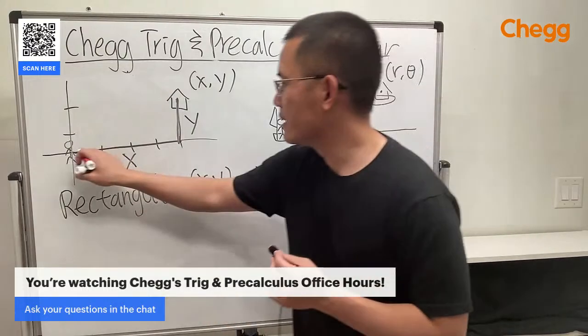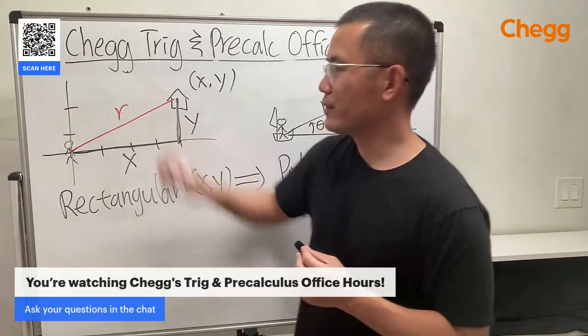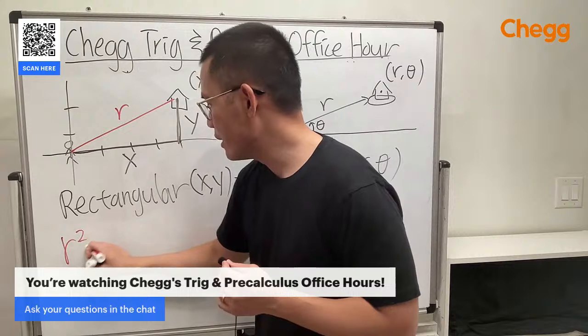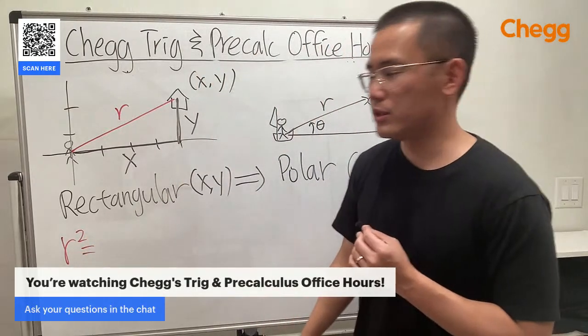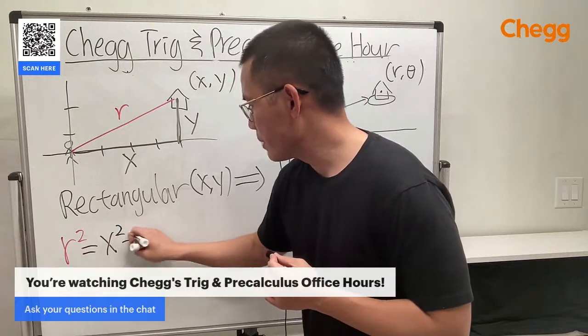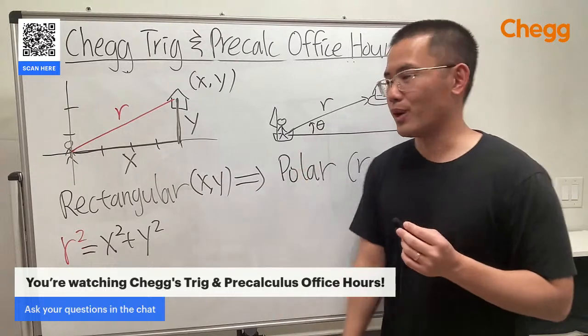I need to find r, the distance from here to here. First thing, thanks to the Pythagorean theorem, r squared equals x squared plus y squared. Formula number one.